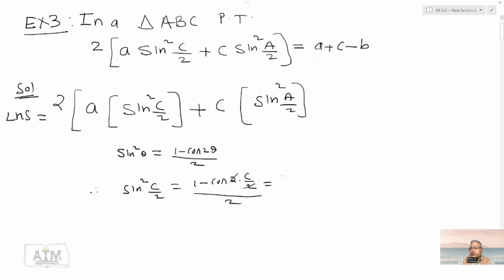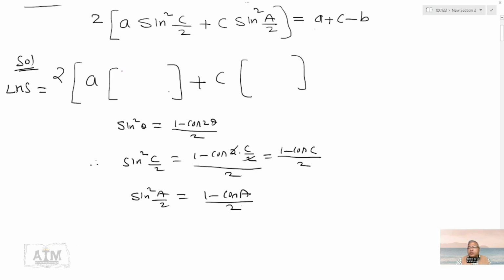2 gets cancelled. We get 1 minus cos C upon 2. Similarly, sin square A upon 2 equals to 1 minus cos A upon 2. So, in place of sin square C by 2, I am going to write 1 minus cos C upon 2, and in place of sin square A upon 2, I am going to write 1 minus cos A upon 2.